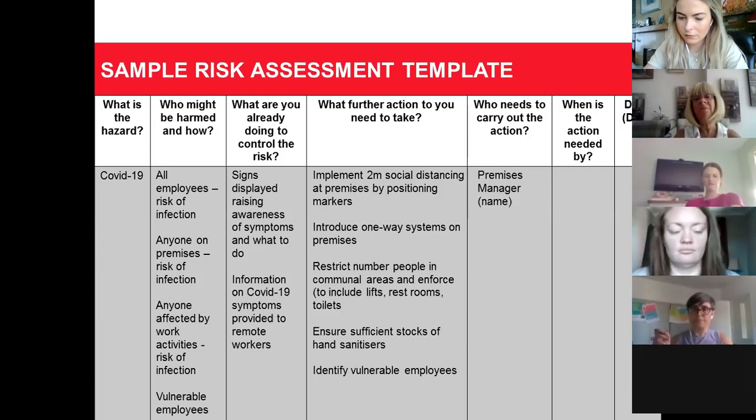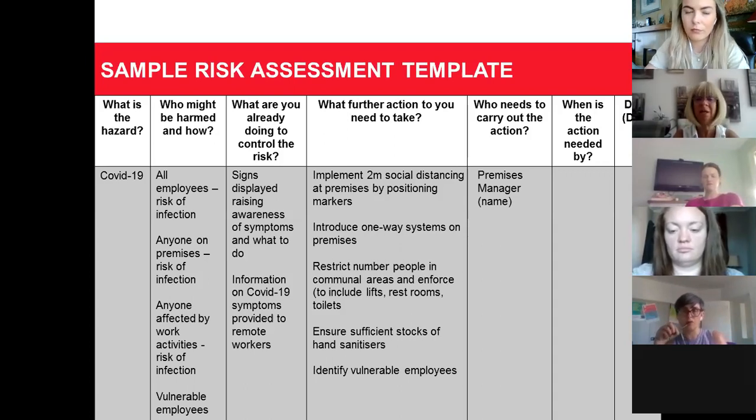So the next column, as I said earlier, you do need to make sure that you allocate these actions to people within your organisation. Now again, this will be down to you who you allocate actions to. So I've just put very generic roles here. For example, I've allocated the action of implementing social distancing at the premises by positioning markers to our premises manager.